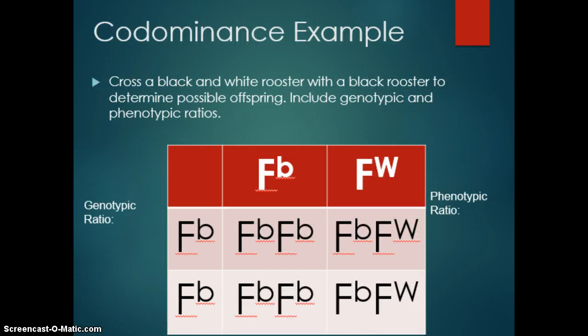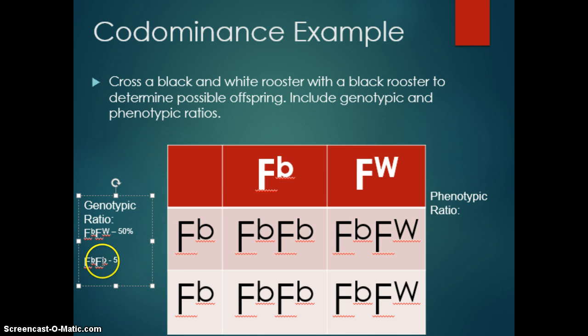Now that I've filled all of those out, we can have different genotypic ratios and phenotypic ratios. So we're going to end up with 50% that are going to end up like this, and the other 50% that are going to be these guys here.